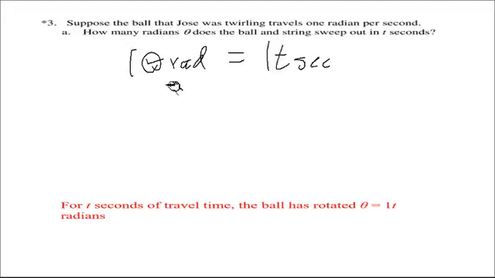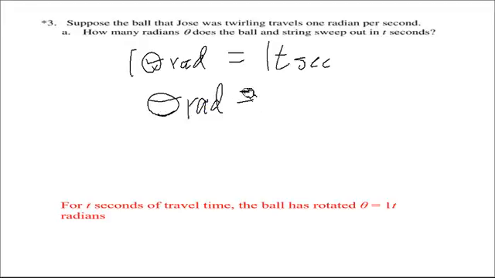Thinking maybe I should make that clearer. 1 theta in radians corresponds to 1 t in seconds. So I'm using the number 1 on both sides of this equation for clarity, but we don't have to utilize 1 on both sides.